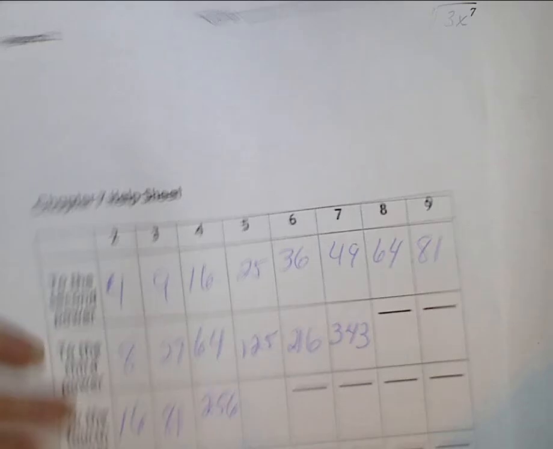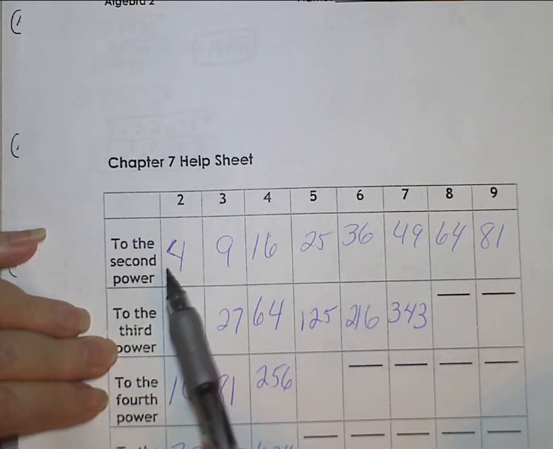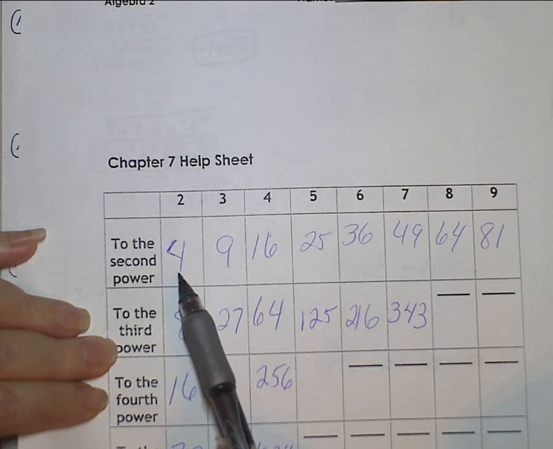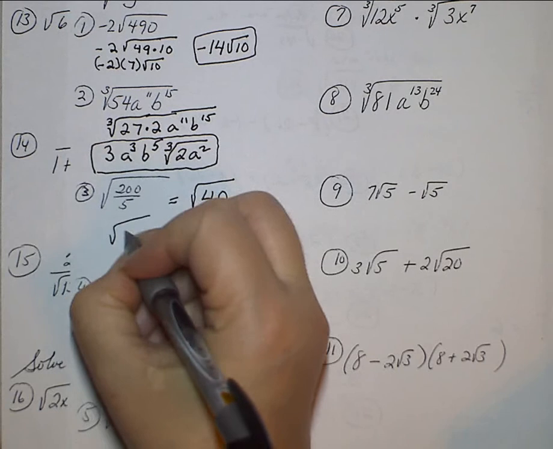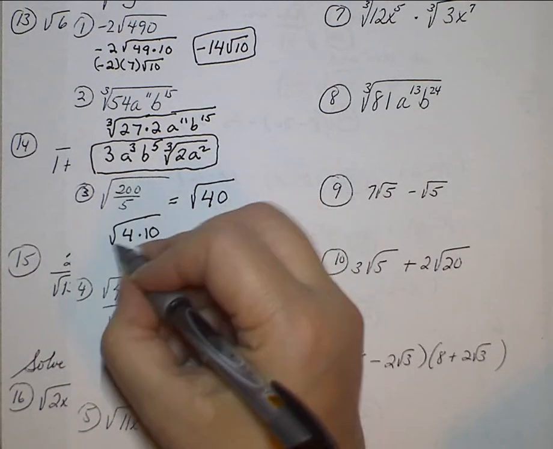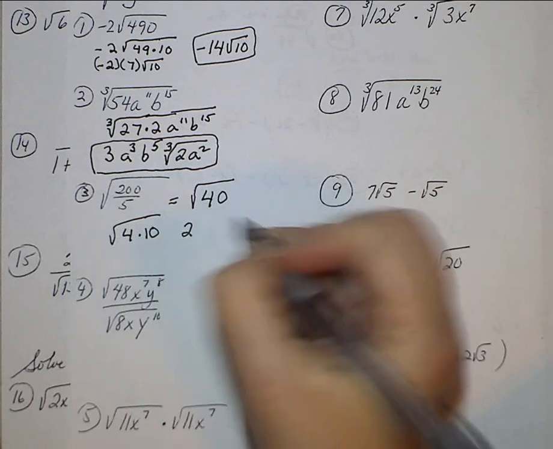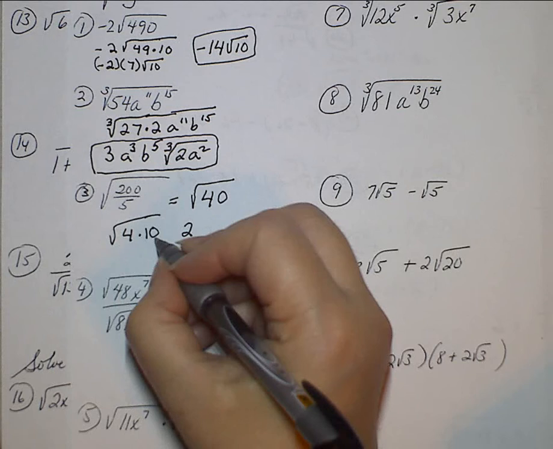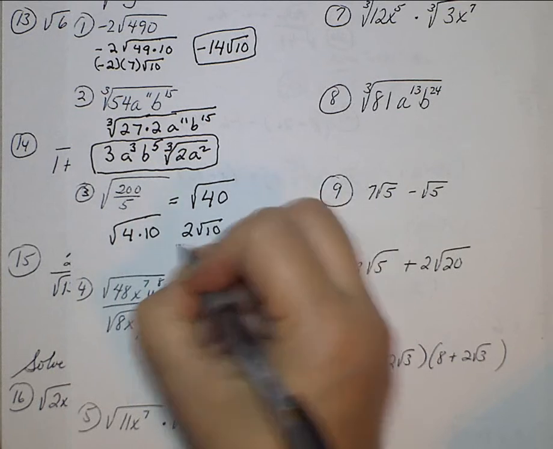We're doing square roots, so we're looking at 4, 9, 16, 25, 36. So 4 goes into 40. 4 times 10 gives me 40. The square root of 4 is 2. The square root of 10 stays underneath because there's no perfect inside.